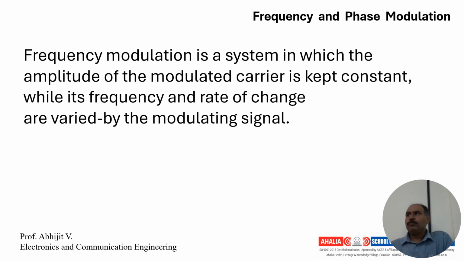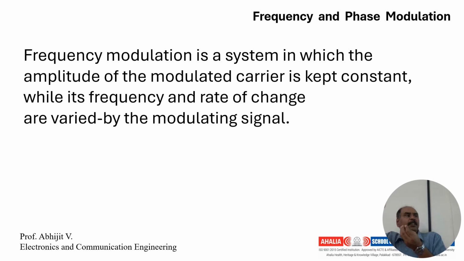Basically, we are transmitting a message signal and we want this message signal to be received at the other end, reconstructed, demodulated and used for reception. First method, the message signal is there.